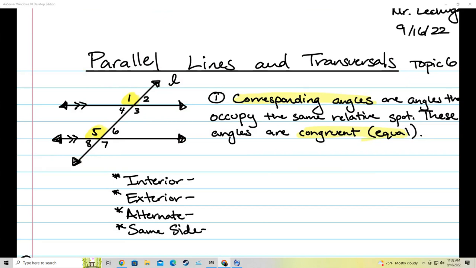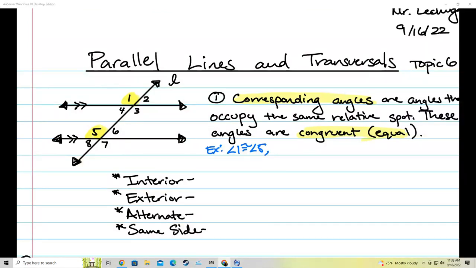Because they are corresponding angles, I can say that angle 1 is congruent to angle 5, which means if I know that angle 1 is 103.7 degrees, then I know that angle 5 is also 103.7 degrees. They have to match up exactly. All right. That's not the only example of corresponding angles.